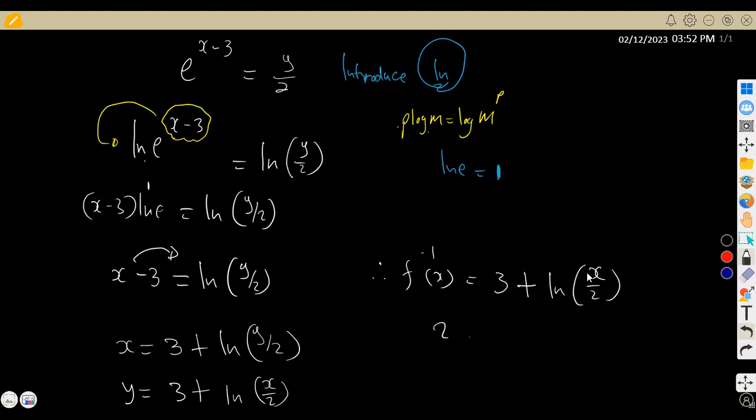Okay, so the domain, what is going to be the limiting value? We are now referring to ln. There's a ln in this function. Ln is same as a log. And we know that for a log, we cannot have a value like log 0, log -1, log -2. That can never happen.